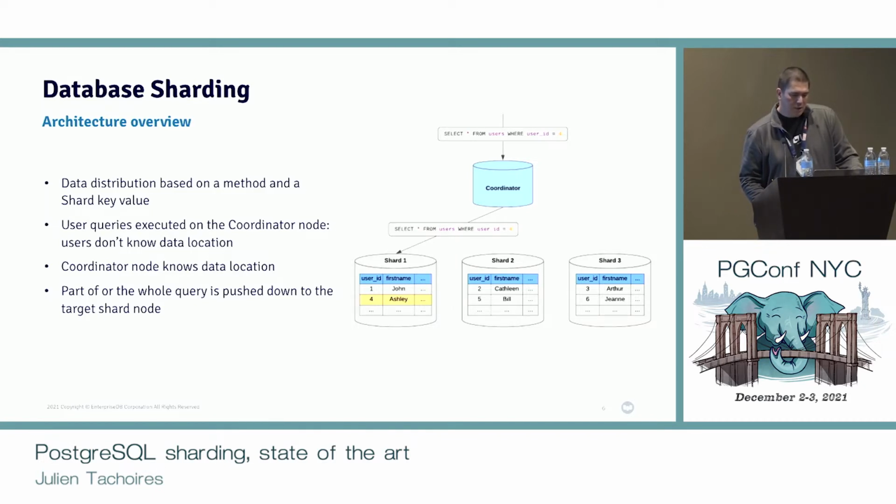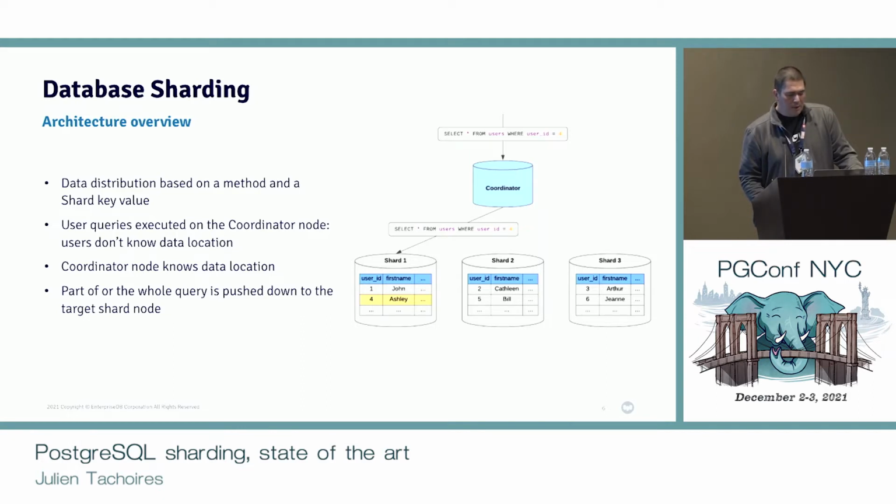This strategy is composed by a method, which is basically an algorithm, and a shard key. This strategy can be viewed as a way to group rows together with the same criteria on the same node. So based on this strategy, the database cluster will be able to know exactly where each row is located.